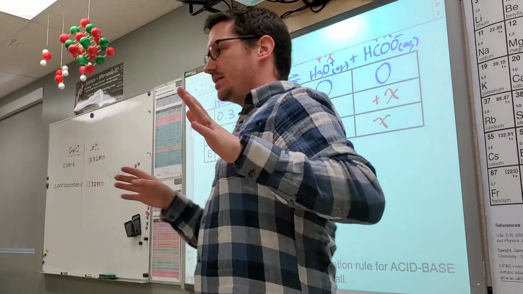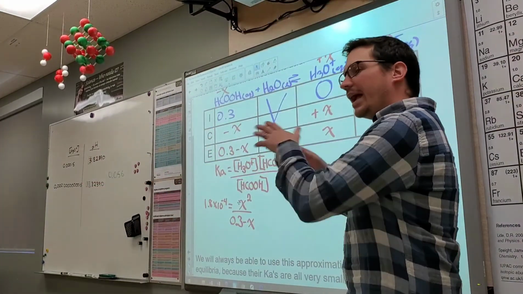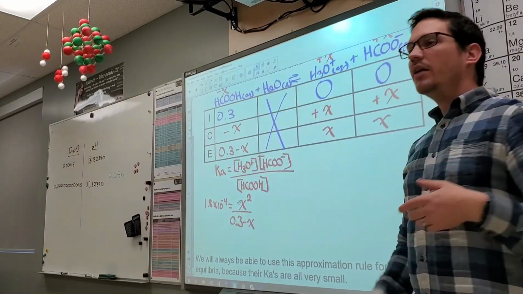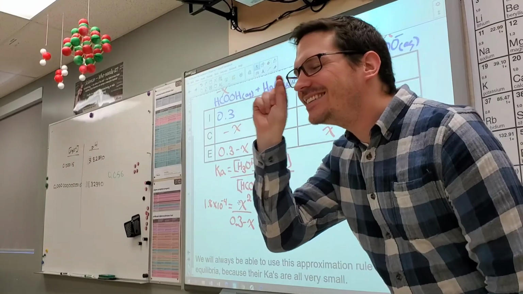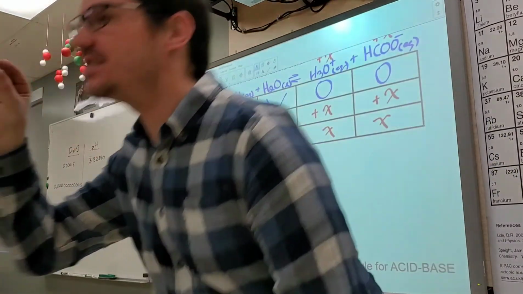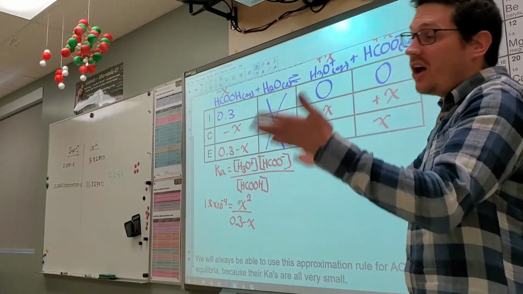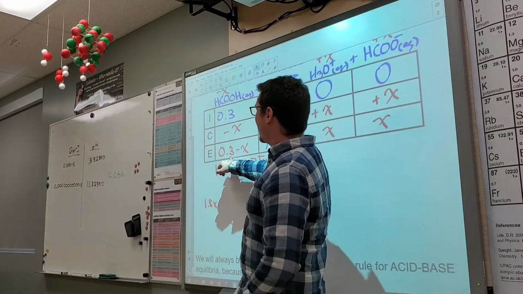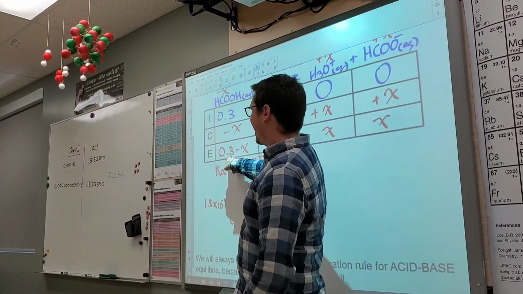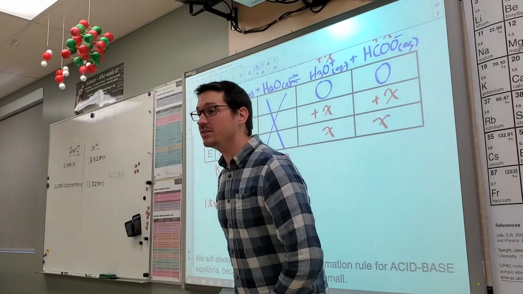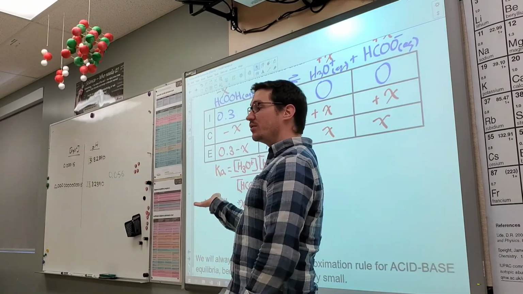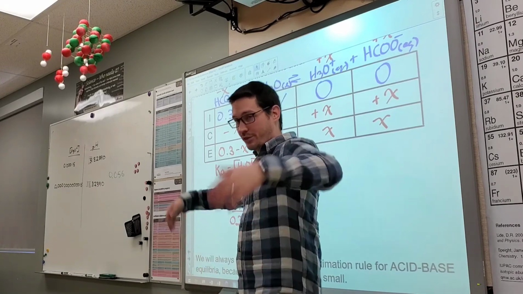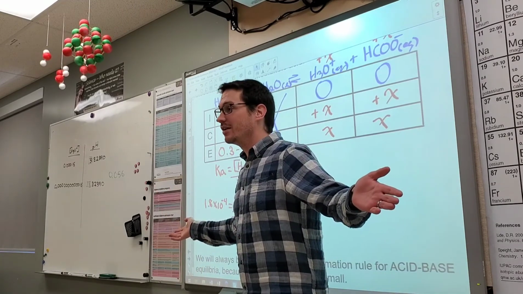With these acids, anytime these acids ionize in water, they produce a tiny, tiny, tiny amount of hydronium. Not insignificant, we can still measure it, right? But this is like saying, Mr. Walton has $3 million, and then he goes and buys a coffee for $5. Does he still have $3 million? Yes.